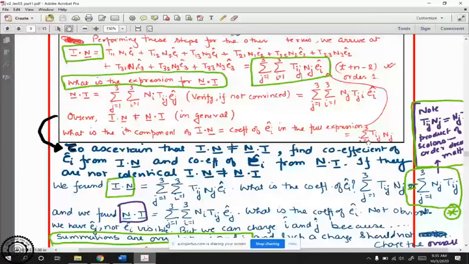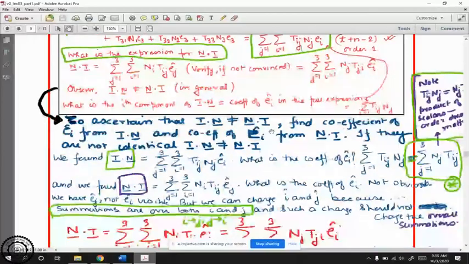Now, to ascertain T dot N is not equal to N dot T, find the coefficient of Ei from Tn. I'm giving you a general rule, which you can use for any order tensor. Find the coefficient of Ei. For any order tensor, you'll have to change the indices, I mean the dyads, also.